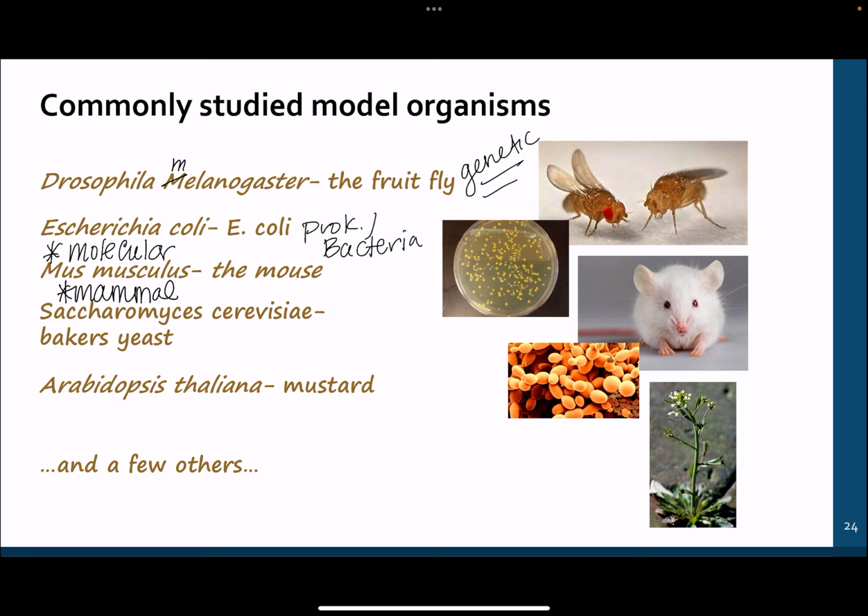It's actually a mustard plant, and it has been used a lot, especially in genetic studies and plant development. So there's a few others. We saw the nematode and the zebrafish on the first page. The organism that you would choose really just depends on the system that you want. They're all going to have positives and negatives, but all of them are going to be able to help us have a better understanding of the other organisms that are related to it.